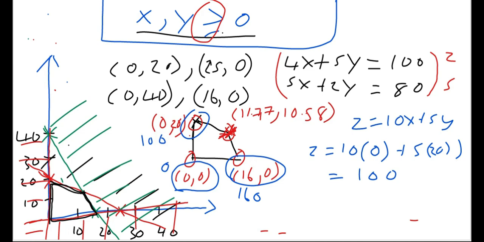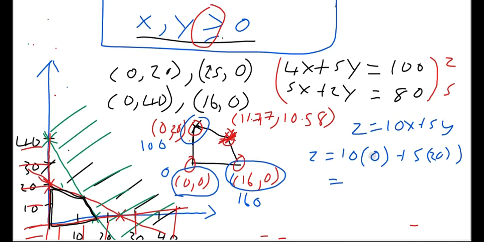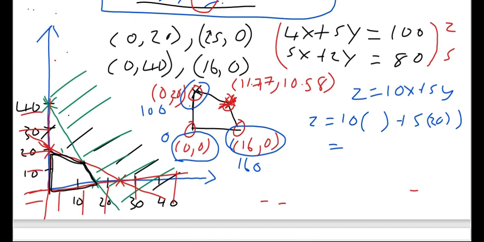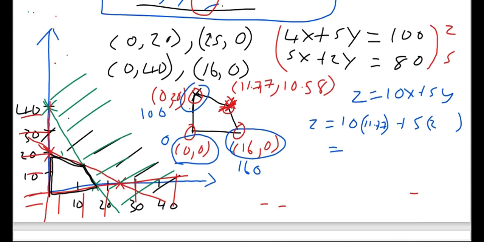Now for this other point, the last point, the one that we calculated, sorry, let's remove this and this. So if you remove this, you're going to have 11.77, and this other one will be 10.58.